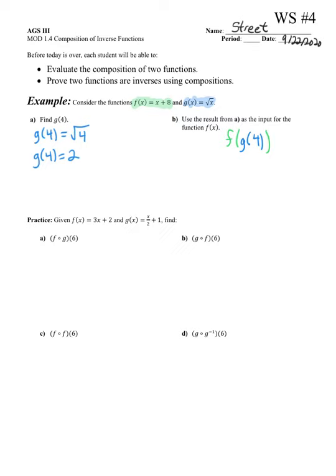So we're just going to take f of 2, basically. 2 was the output from g, so that's what we're going to be plugging into our f equation, which in this case is going to be 2 plus 8. So in this case, f of 2 equals 10, or what we started with, f of g of 4 equals 10.